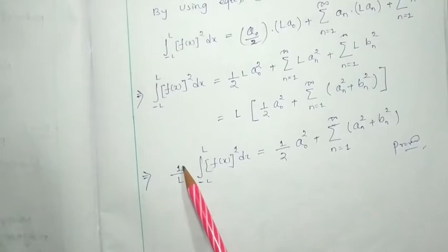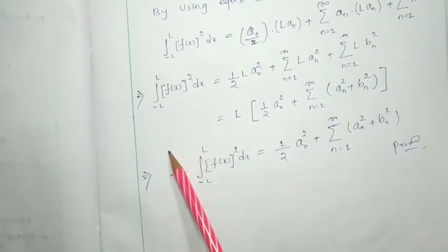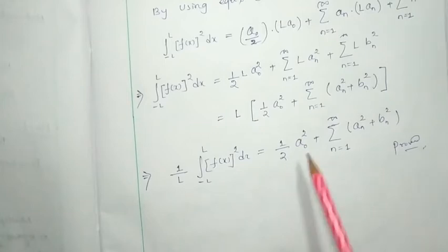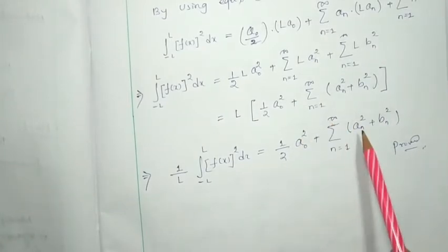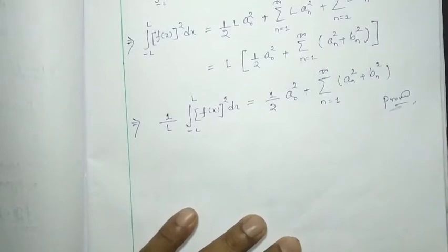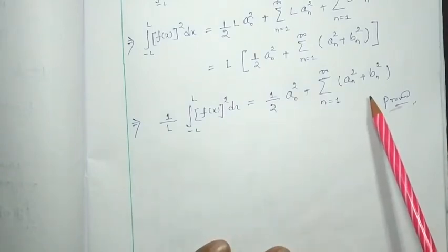That implies, L can be divided over the left hand side, so it will be 1 by L integral from minus L to L of f(x) square dx equal to 1 by 2 a0 square plus summation over n equal to 1 to infinity an square plus bn square. Hence it is proved. So here we have proved the so-called Parseval's identity of a function.